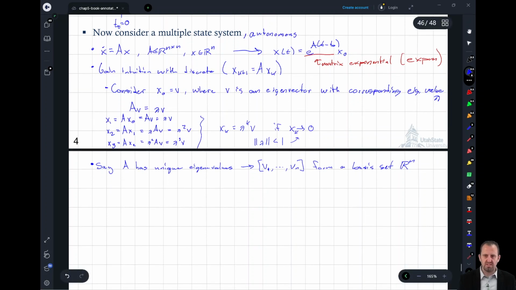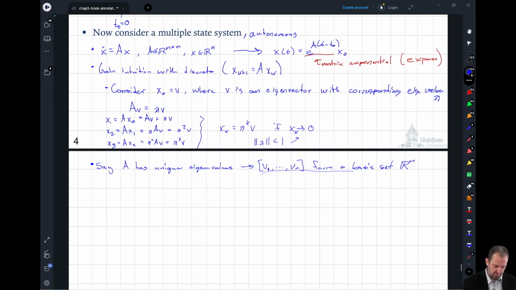But just to get some intuition, let's say that A has unique eigenvalues. If our eigenvectors form a basis set for all of R^n, that means any value in R^n can be expressed as a linear combination of V1 through Vn.